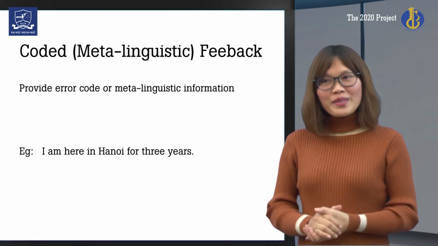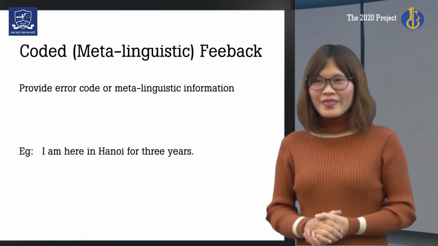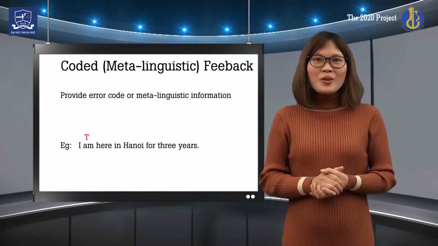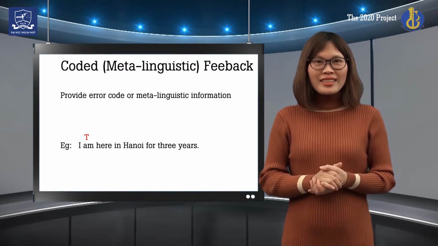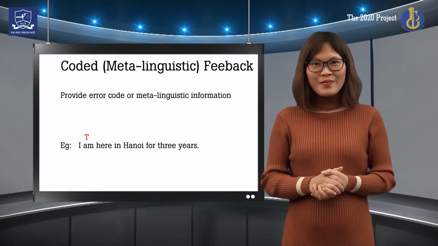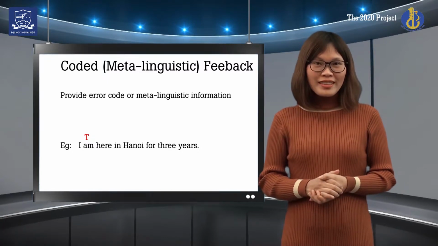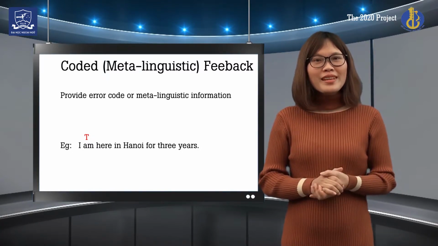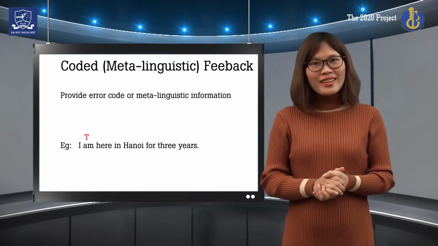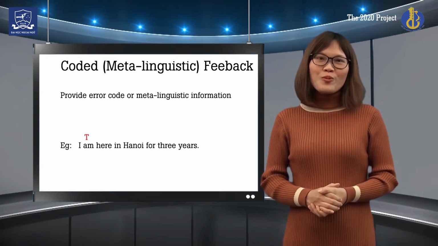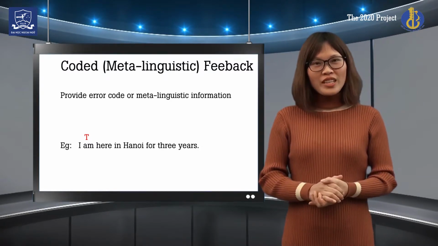You underline the mistake and give students a bit of extra help. So you put T, which stands for tense, above the word, showing that there's a problem with the tense. So you're not telling them that it should be present perfect there, but you tell them there's a problem with the tense. In order to do this, the students have to know what the codes really mean. So you should give them some training.